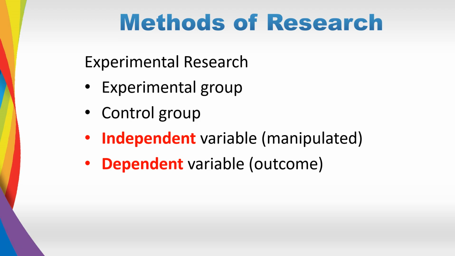Now, there's a sentence that I share, especially in my general psych class, my research methods class, and my stats class. If you want to keep these two separate and understand the difference, think about this sentence. The dependent variable depends on the independent level of the independent variable. I'll say that one more time. The dependent variable depends on the independent level of the independent variable.